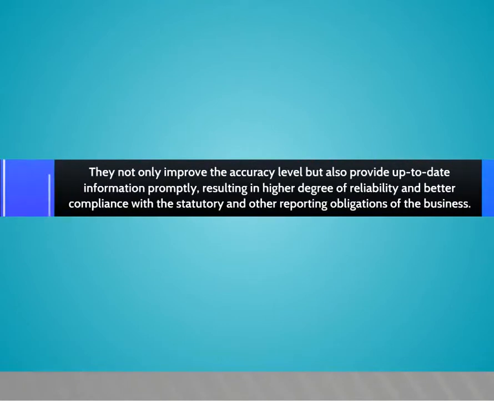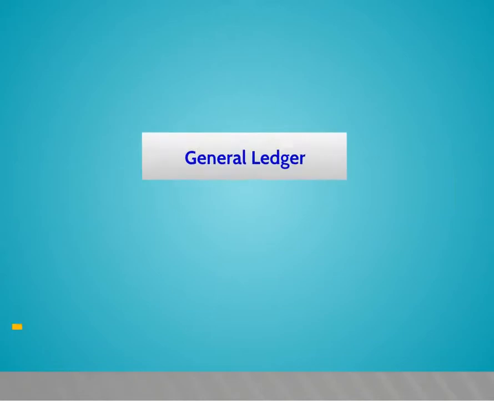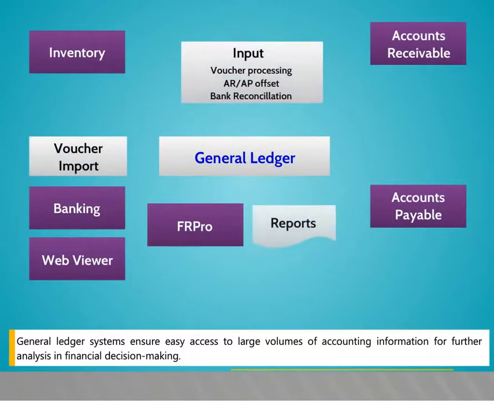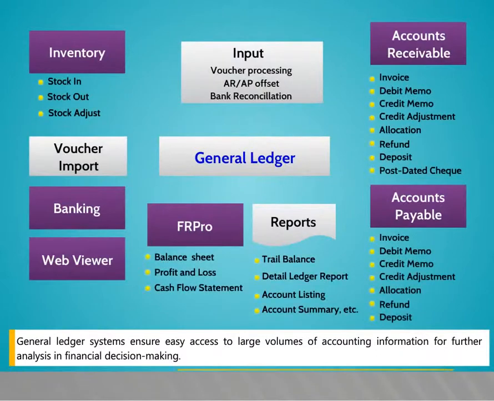They not only improve the accuracy level but also provide up-to-date information promptly, resulting in higher degree of reliability and better compliance with the statutory and other reporting obligations of the business. General ledger systems ensure easy access to large volumes of accounting information for further analysis in financial decision-making.